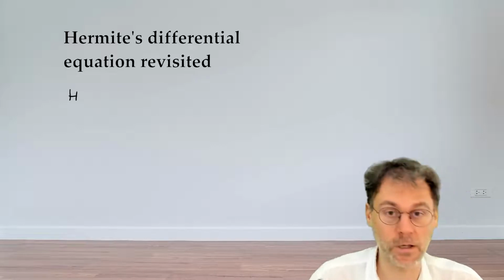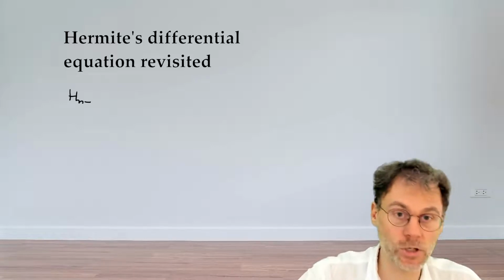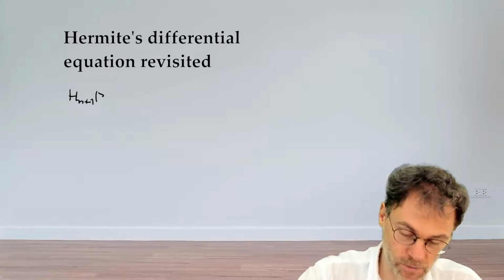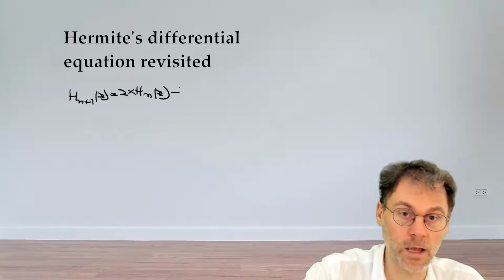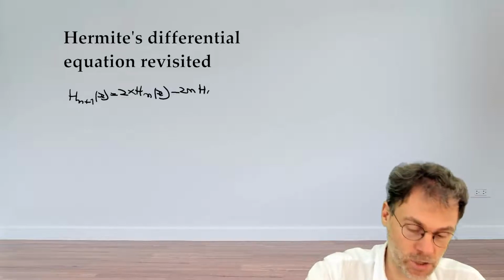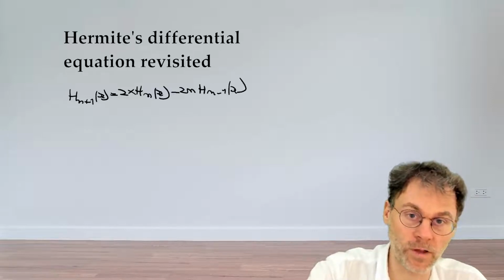Well, we have this recurrence relationship, for example, that's H_{n+1}(x) is equal to 2x H_n(x) minus 2n H_{n-1}(x).